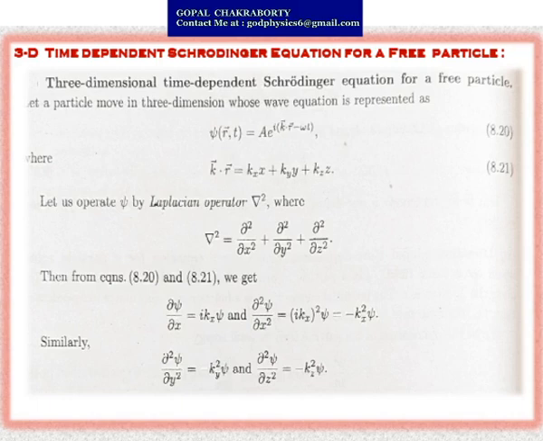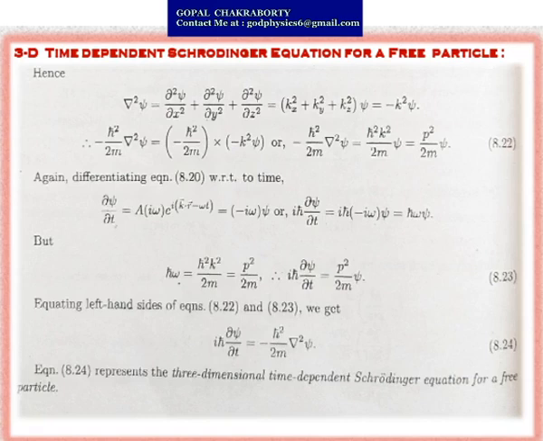Del psi del x gives ik psi, and del 2 psi del x2 gives minus k square psi. Similarly, the second order space derivative with respect to y gives del 2 psi del y2 equals minus k square psi, and with respect to z gives del 2 psi del z2 equals minus k square psi.